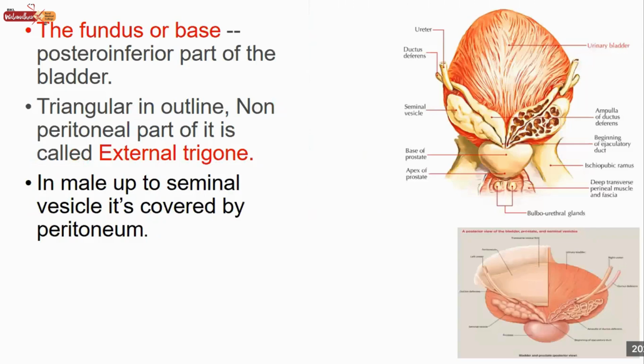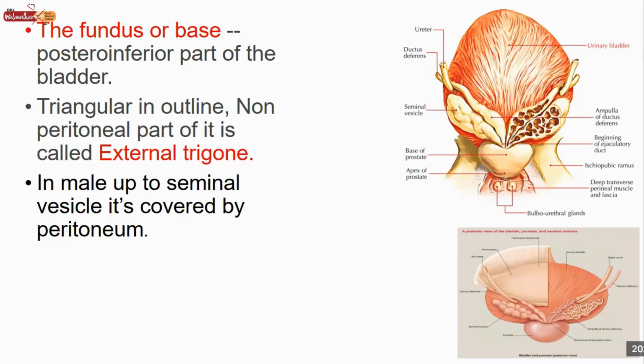Now coming to the fundus or the base, which is directed backwards, posteroinferiorly. It is triangular in shape, as you can see in the diagram. The posterior surface of the bladder, which is triangular in outline, has relations that vary in male as well as in female.